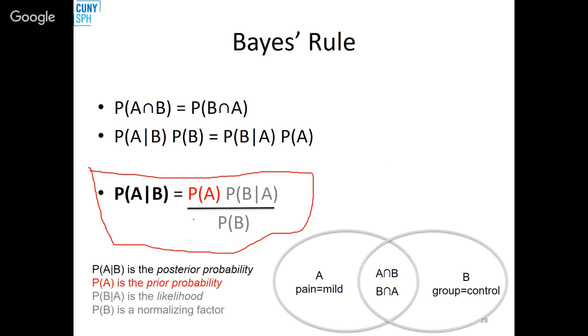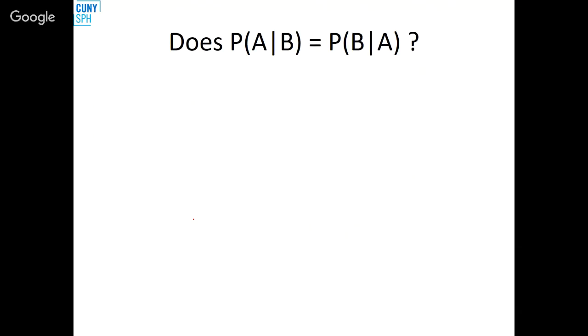It'll allow you to go back and forth between sensitivity, specificity, and positive predictive value, PPV, and negative predictive value, NPV. That's the main use of it for you.